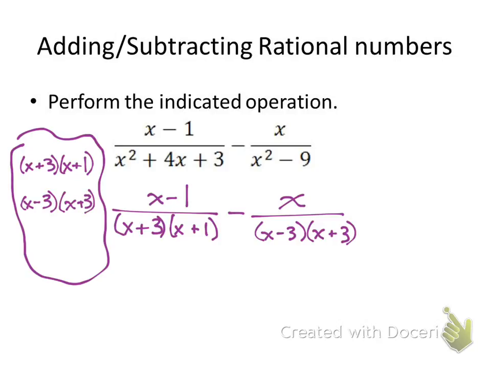You can see that they share that x plus 3. That'll be part of my least common denominator. What do they not share? What they don't share is what you're going to need to multiply by. So the least common denominator involves that x plus 3, involves the x plus 1, and the x minus 3.